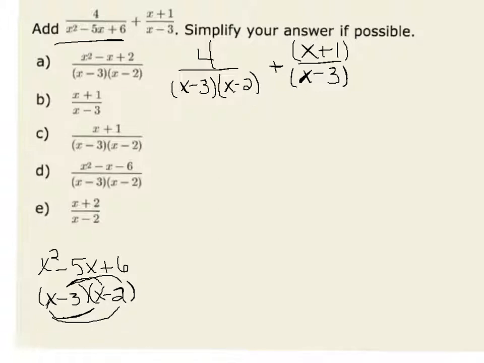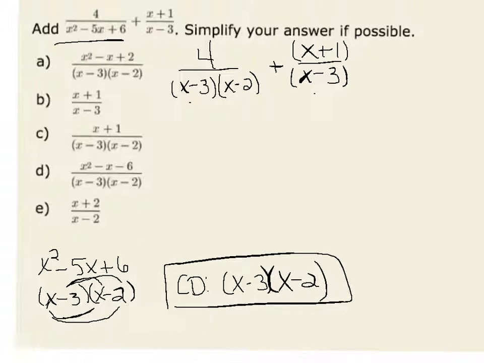I will notice if I look for my common denominator, they both have an x minus 3, and then my first rational expression also has an x minus 2. Therefore, my common denominator is the quantity of x minus 3 times x minus 2.